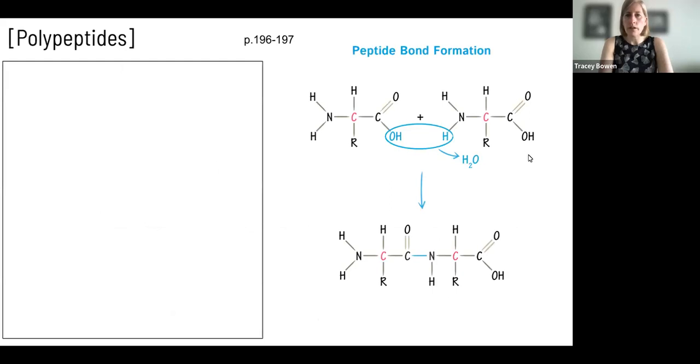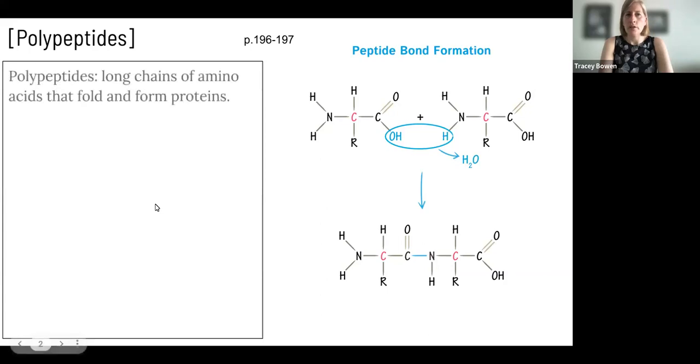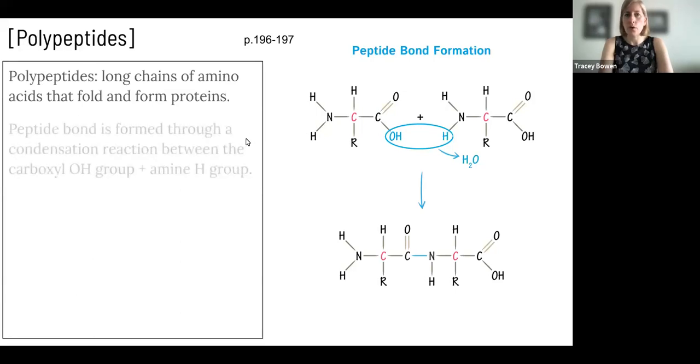Firstly, we want to think about what a polypeptide is. A polypeptide is a long chain of amino acids that fold to form proteins. In order to form a peptide bond, a condensation reaction occurs between the carboxyl group and the amine group of amino acids.